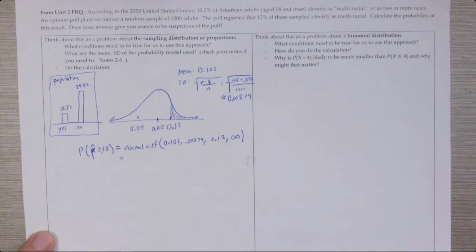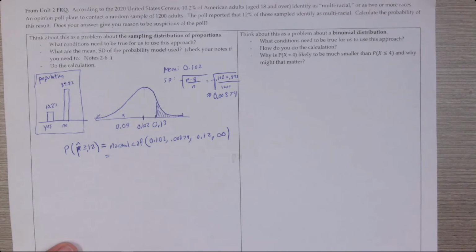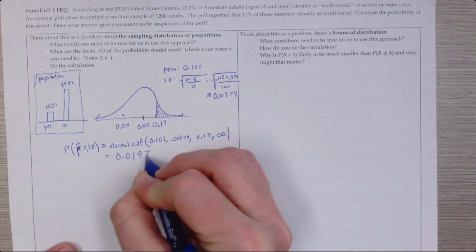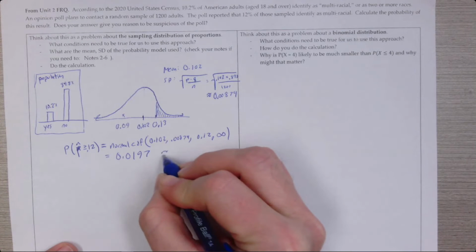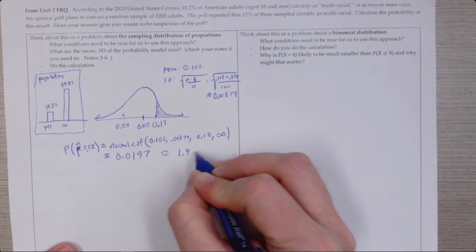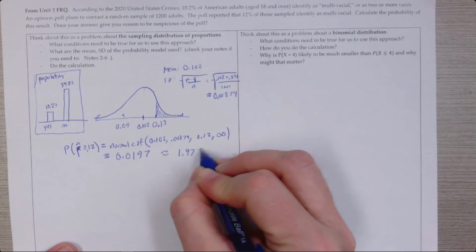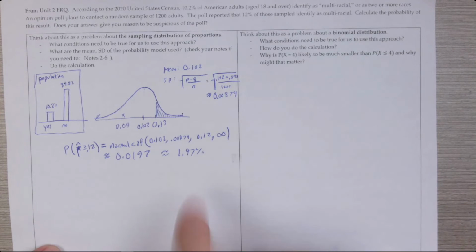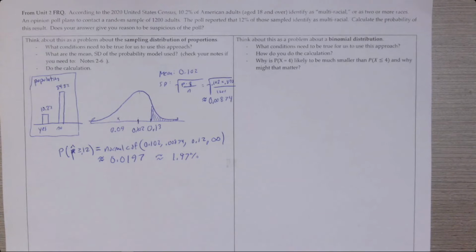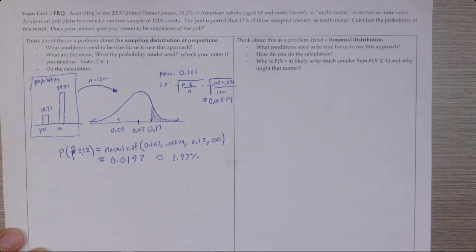Let me, again, break out my calculator. I am getting approximately 0.0197, which is about 1.97%. And that's pretty unlikely. So I would say that's unlikely enough that I have some reason to be suspicious about the polling procedure.